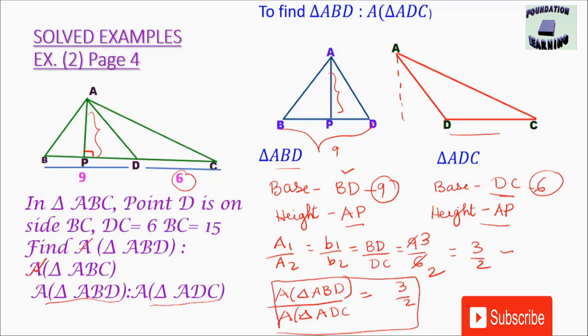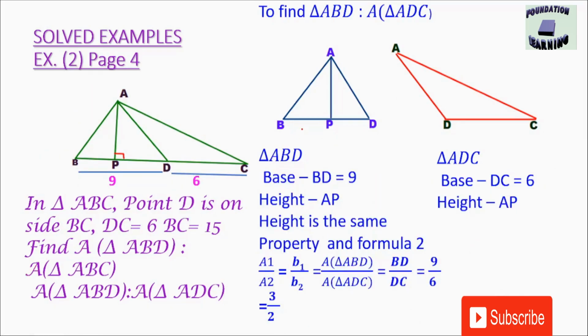So let's understand it neatly. Here in triangle ABD, the base is BD, which is 9, which we found by subtracting 15 minus 6. The entire thing was 15 and DC was 6, so BD is 9. The height is AP. Similarly, in triangle ADC, the base is DC, the measurement is 6, which is given in the question. The height is the same, AP. So we will use the formula B1 upon B2. Why? Because the height is the same.